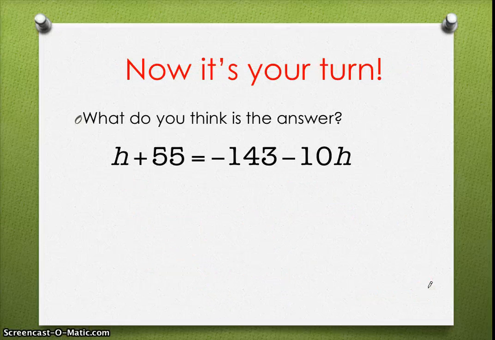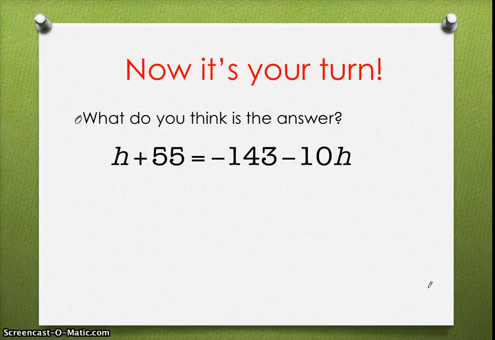So take a look at this problem. h plus 55 equals negative 143 minus 10h. This looks to me like a type 2 problem where you need to isolate the variable to one side. Have a look at it and see what you come up with.